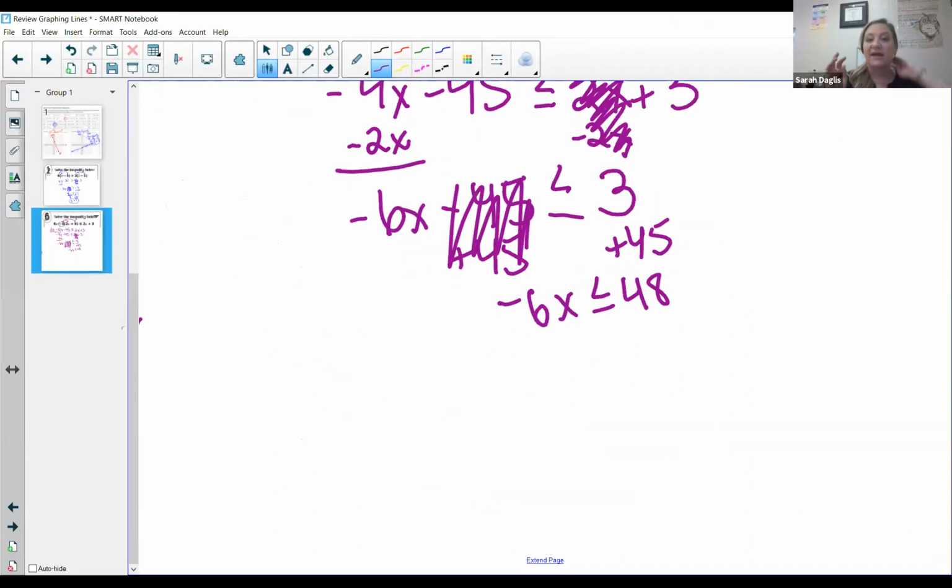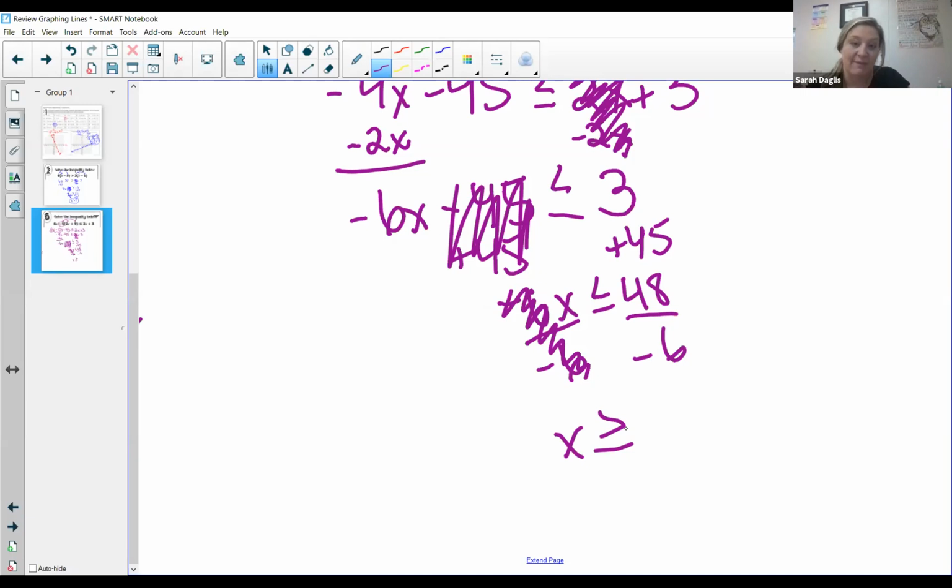So we have negative 6x is less than or equal to 48. I see negative 6 is attached to x by multiplication, so we're going to divide both sides by negative 6. And hopefully you have little bells and whistles going off because we're dividing by a negative number. So because we divided by a negative number, our sign is going to flip to now be greater than or equal to.